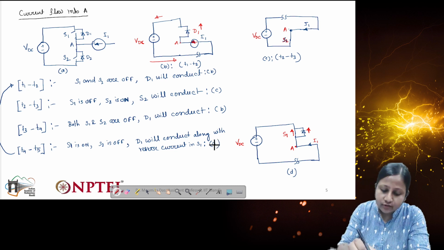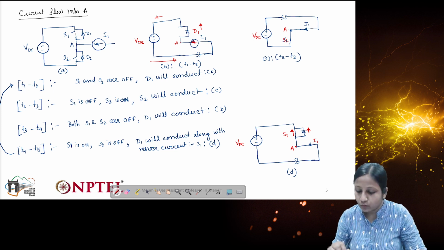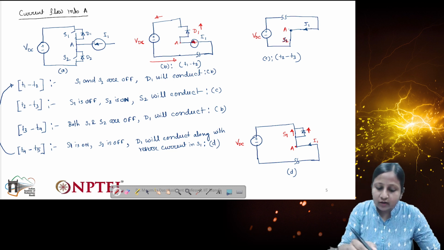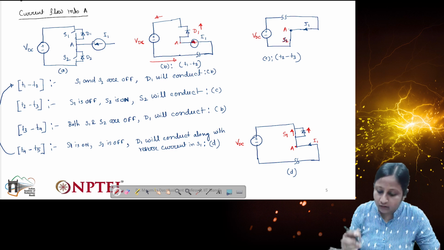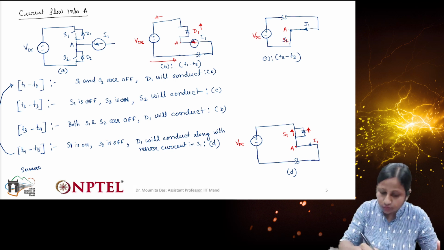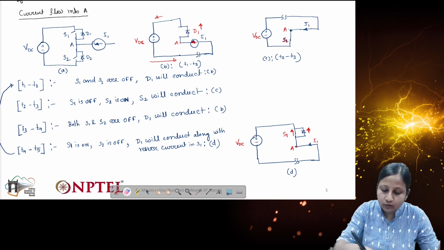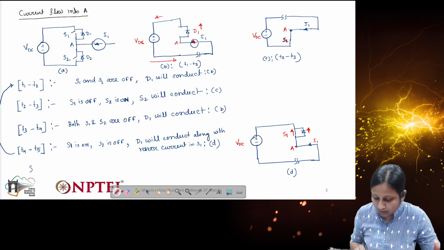So now you can actually relate this different switching time with respect to different current flowing paths of the converter. So what we can summarize from this particular operation? You can see here, in this particular leg, what is happening?